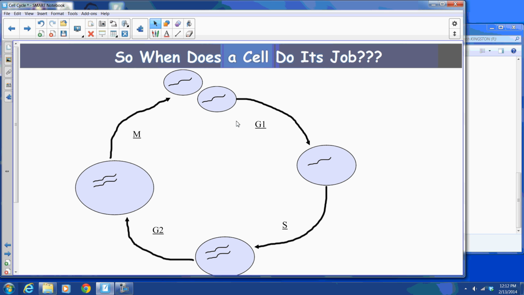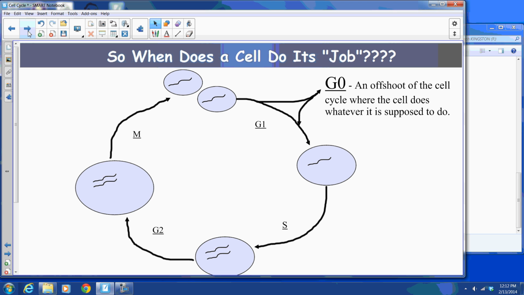And that actually happens not in the normal course of this cell cycle, but in another phase, a fifth phase of this cell cycle that we call G0. And so if you want to add it in, it usually occurs sometime here, definitely before S, before the cell makes a second copy of its DNA.